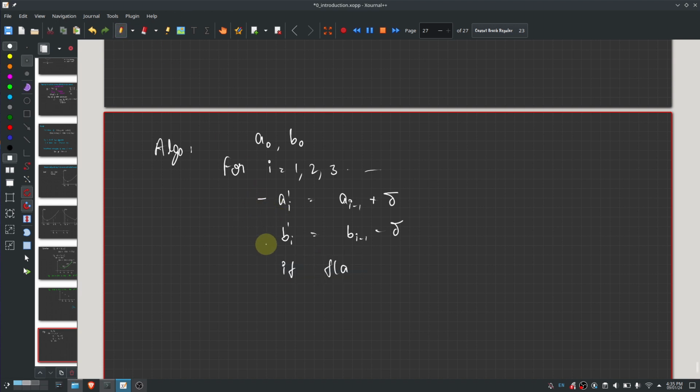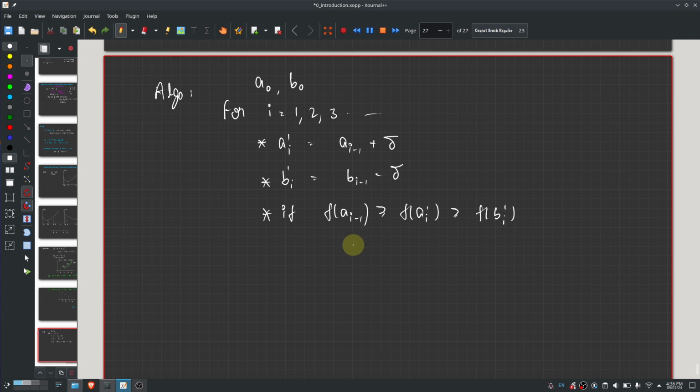Okay, so in each iteration, I run these steps. If f of A_{i-1} is greater than or equal to f of A_i', which is greater than or equal to f of B_i', then I set A_i equal to A_i' and B_i equal to B_{i-1}.